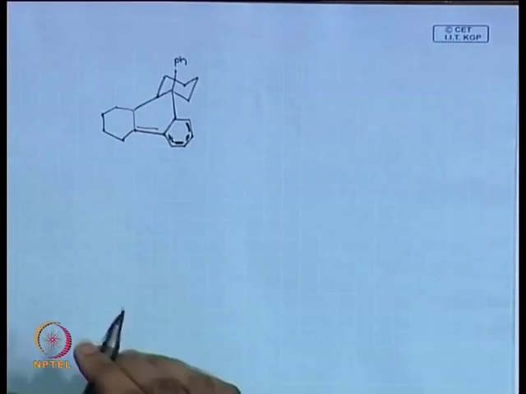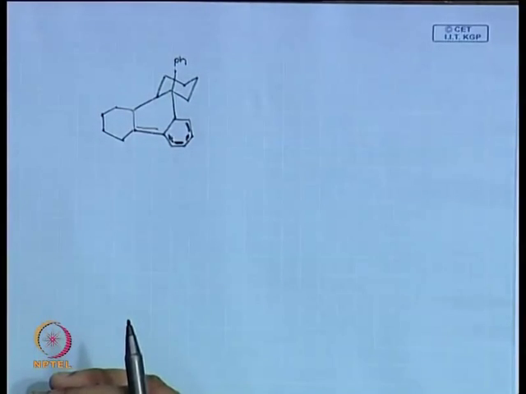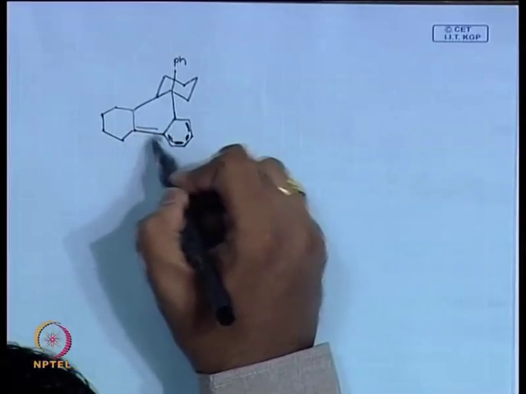So, I get a system like this, 4 plus 2. So, what happens in this case, your aromaticity should come back again, right? Your aromaticity should come back again. So, you have a system like this.